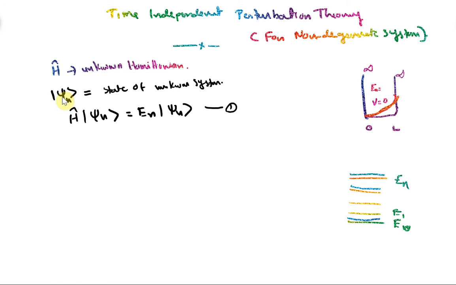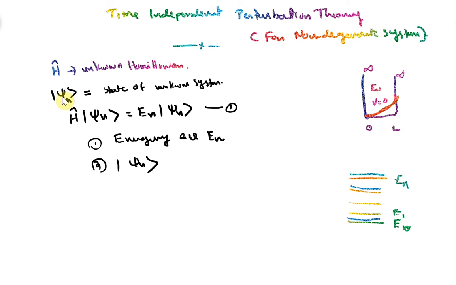I'll call this equation number 1. That is something that we have to solve. After solving that, we have to get the energy values En, and we also have to find out what psi n is. So we have to find the state and energy both of the system. This is our aim.